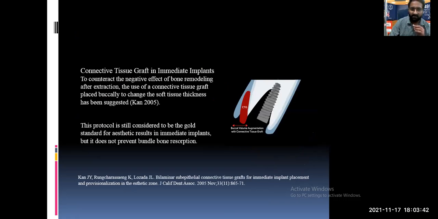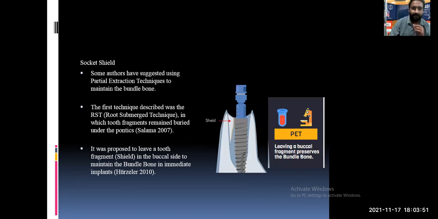Another experiment was connective tissue grafts in immediate implant placement to counteract the bone remodeling, but it was also in vain. And then in 2007 and 2010, the root submersion technique was introduced, and in 2010 Hürzeler in particular introduced the socket shield technique.